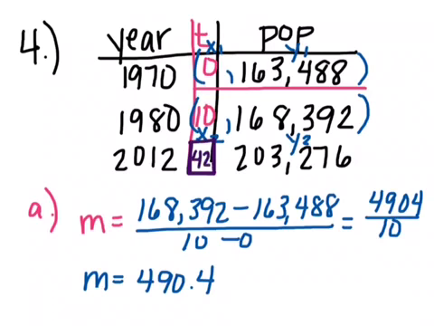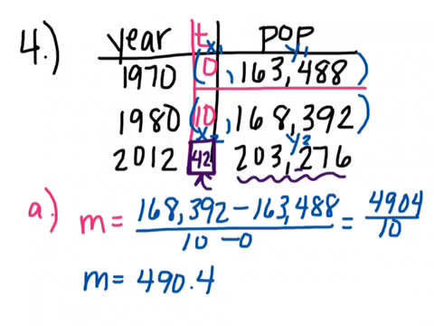So what we want to do is use the equation we just found, plug in 42, and see if we get 203,276. So we want to see if we get this situation to match, or if our model, our equation that we just wrote, overestimates or underestimates, gives us too big of a number or too small of a number.